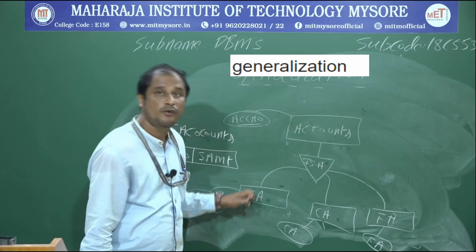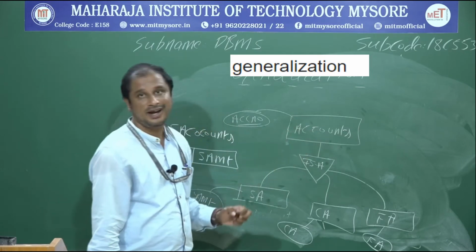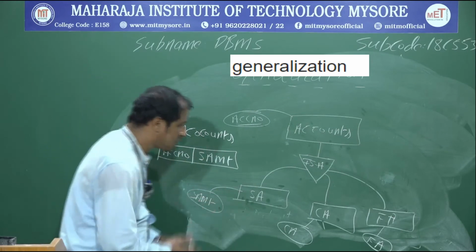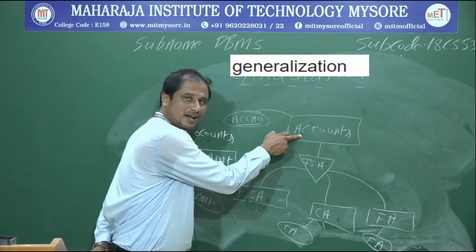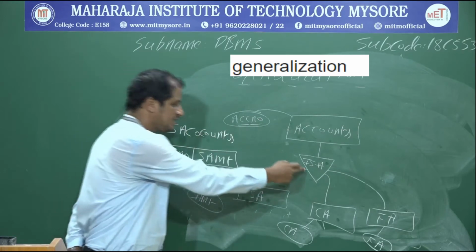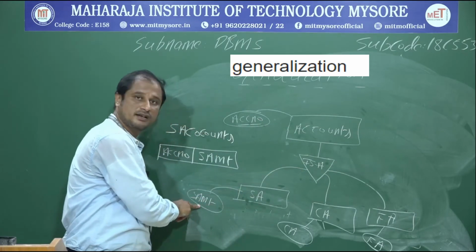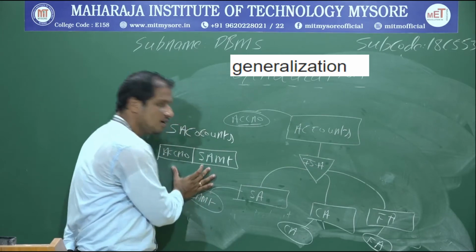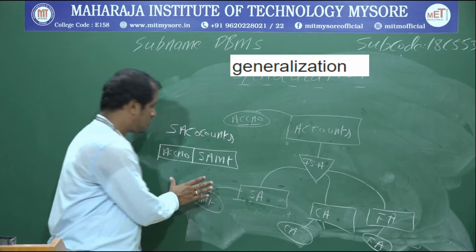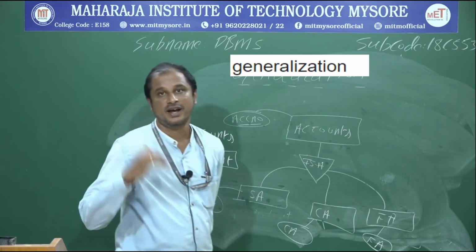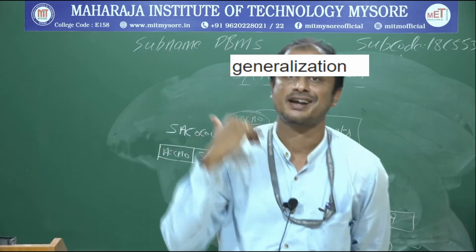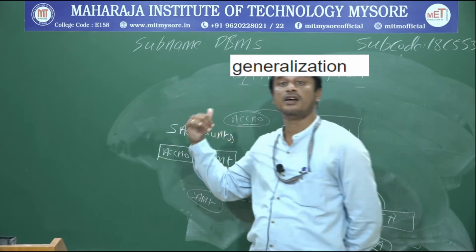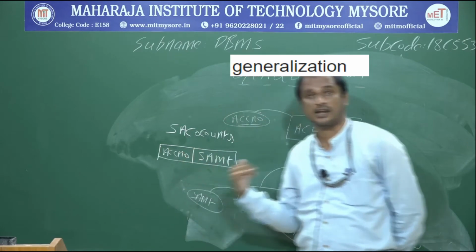Saving account, a subtype of the account entity, has a saving amount. So in the table, the superclass contains the account number and this contains the saving amount. It will look like this. This table is a combination of superclass and subclass. This is the way of representation in a table for generalization.